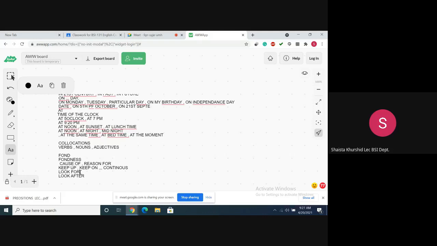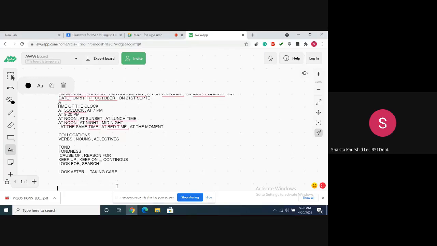Look for is when you search. ठीक है, look after is just taking care. So these are the prepositions that I want to discuss with you. There are so many other prepositions.